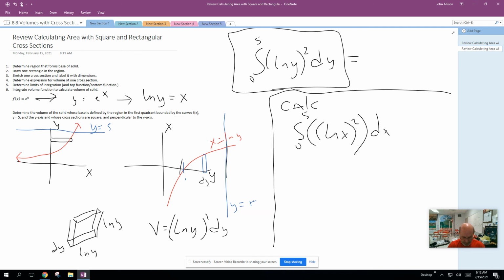And that's going to give me the volume of this solid. It's still figuring, it might be hung up. Oh, no, there it is. 6.857. And this is going to be units cubed. And that's a review of how we calculate the volume of solids with square and rectangular cross sections perpendicular to the x or the y axis.